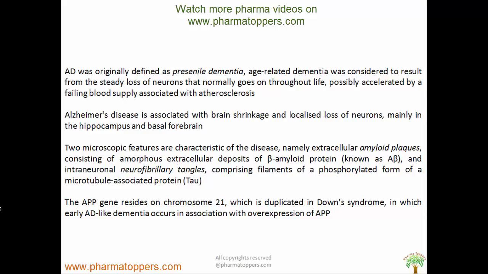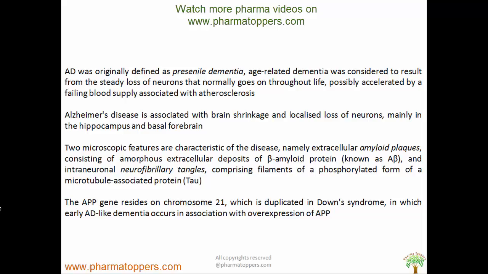Alzheimer disorder is also associated with brain shrinkage and localized loss of neurons, mainly in the hippocampus and the basal forebrain. The loss of cholinergic neurons in the hippocampus and the frontal cortex is a major feature of this disorder and is thought to underlie the cognitive deficit and also the loss of short-term memory that occurs in Alzheimer's disease.